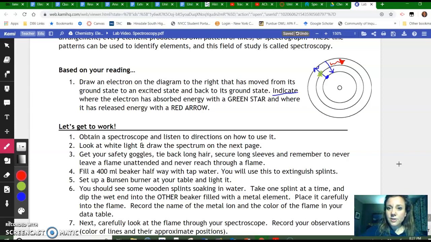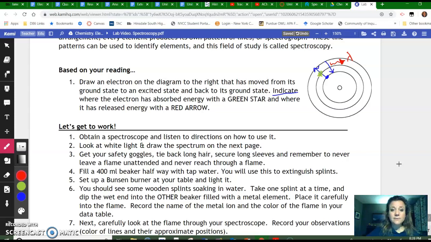When the energy is released from the electron, that is when different wavelengths of light are emitted. When the electrons fall back to their ground state, that is when you see the lines in the discrete spectrum inside of the spectroscope. That's what's creating the emission spectrum.